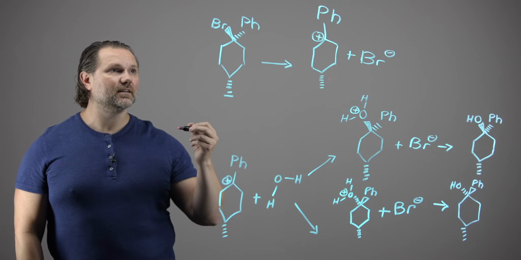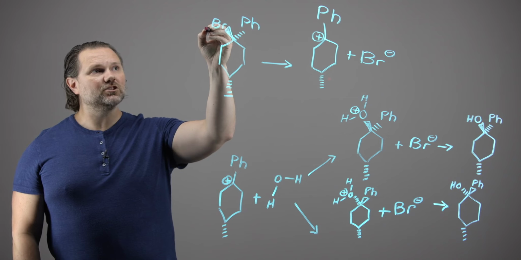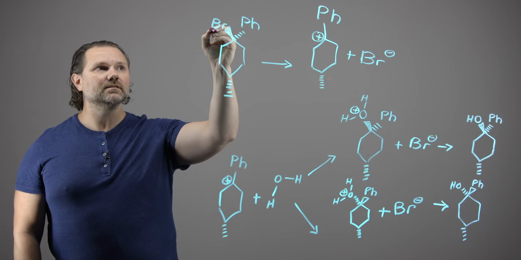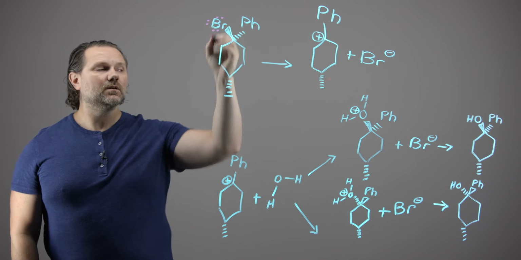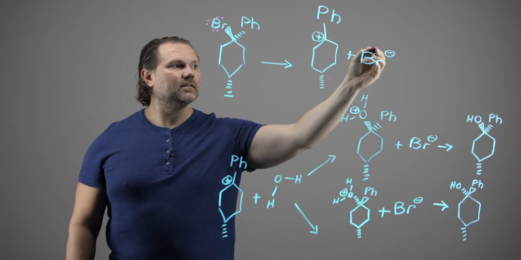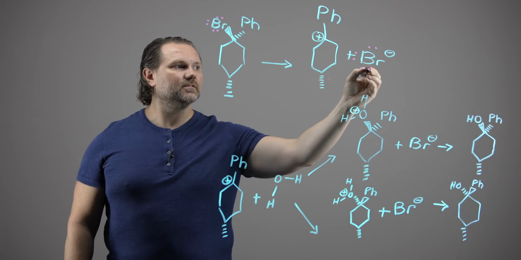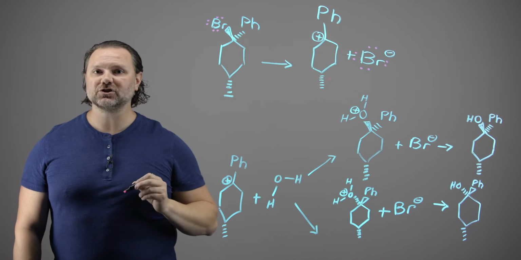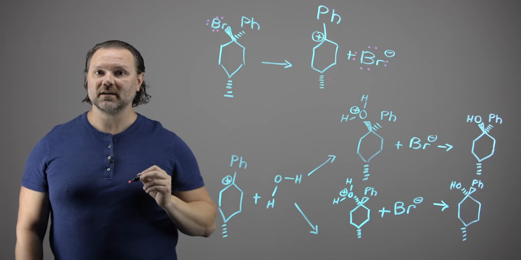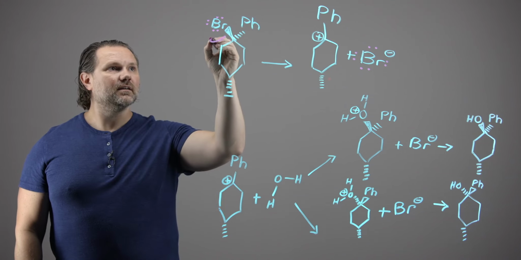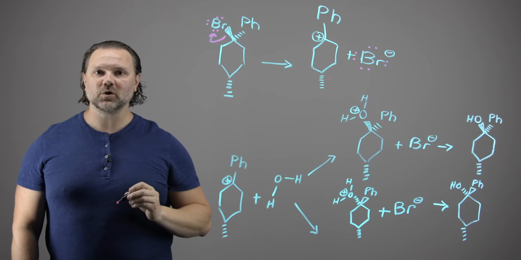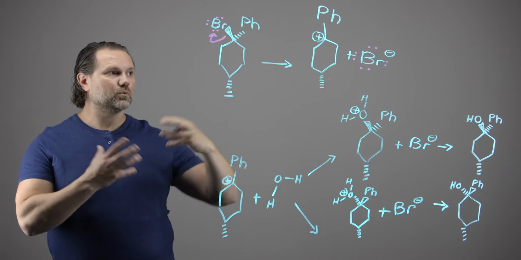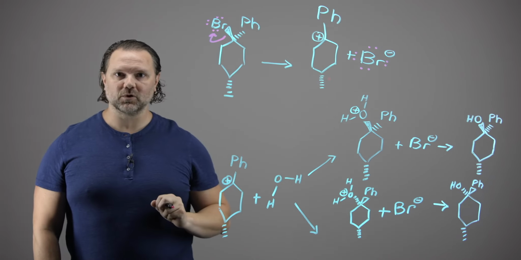So to do that, we recognize the bromine originally had 3 lone pairs, whereas bromide has 4 lone pairs, meaning that this bond, the shared pair of electrons between the carbon and the bromine, has moved onto the bromine atom, breaking that bond, forming our bromide.